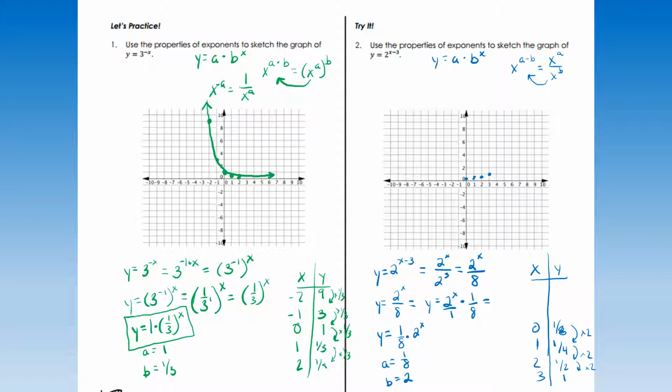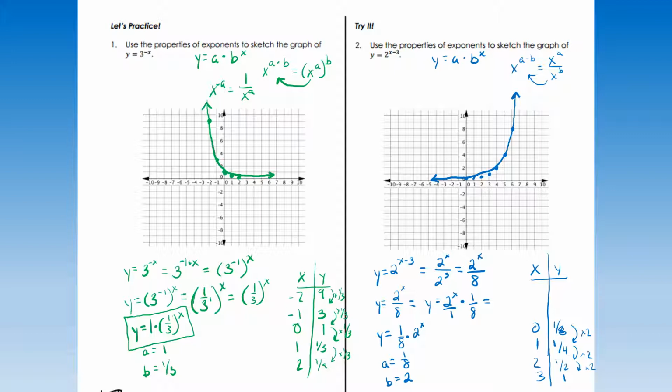If I doubled the next one, 1 times 2 would be 2, then 2 times 2 is 4, 4 times 2 is 8, and so on. Okay. So let's connect all these points with a curve. And so that's what our graph looks like of 2 to the x minus 3.